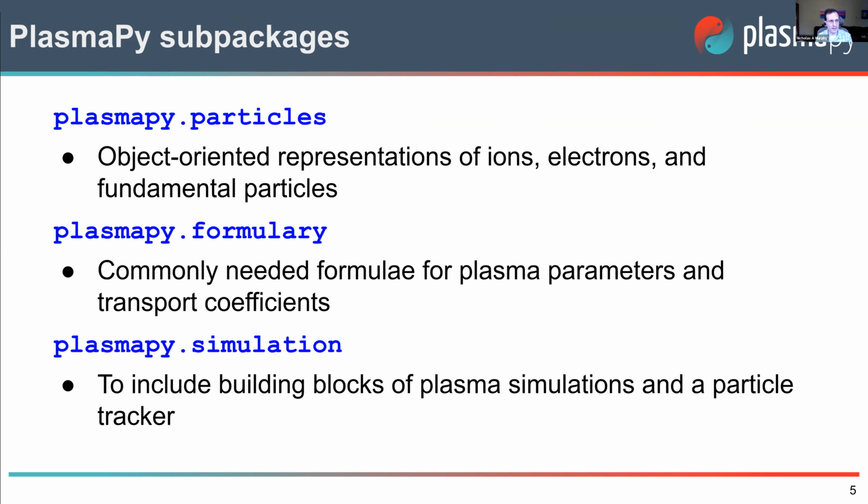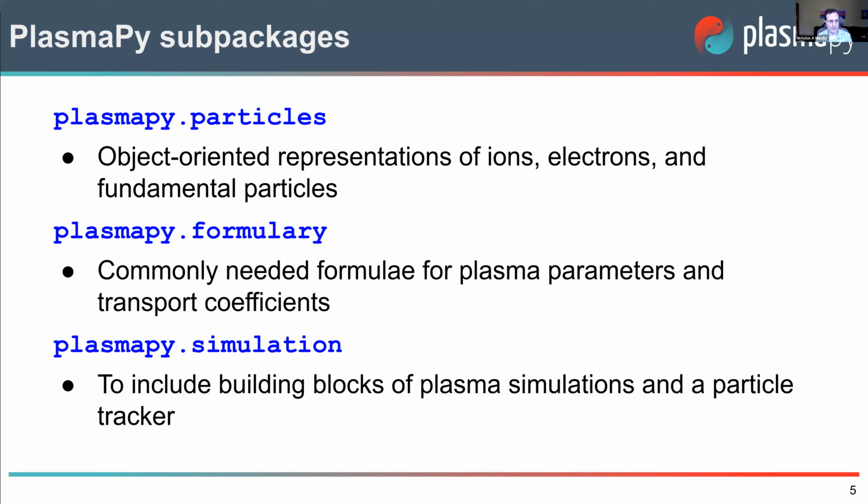The next subpackage is plasmapy.formulary, which includes the things that come from, if you know, the NRL Plasma Formulary. So things like the Alfvén speed or lower hybrid frequency or Debye length, all sorts of fundamental plasma parameters like that.